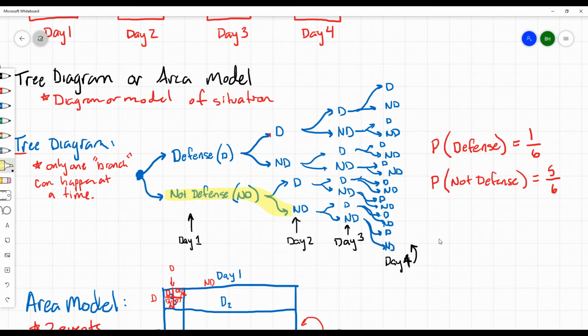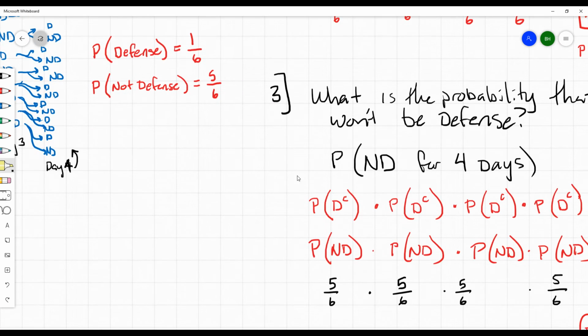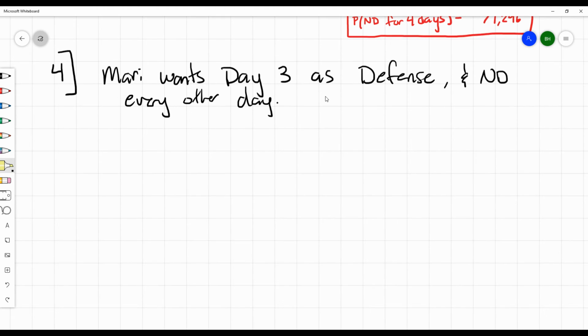She doesn't want to be the defense on the 2nd day. She does want to be the defense on the 3rd day, but then she wants to finish off by not being the defense on the last day. So you see, we take a specific route, in this case of the tree diagram, in order to make Mari's wish true.